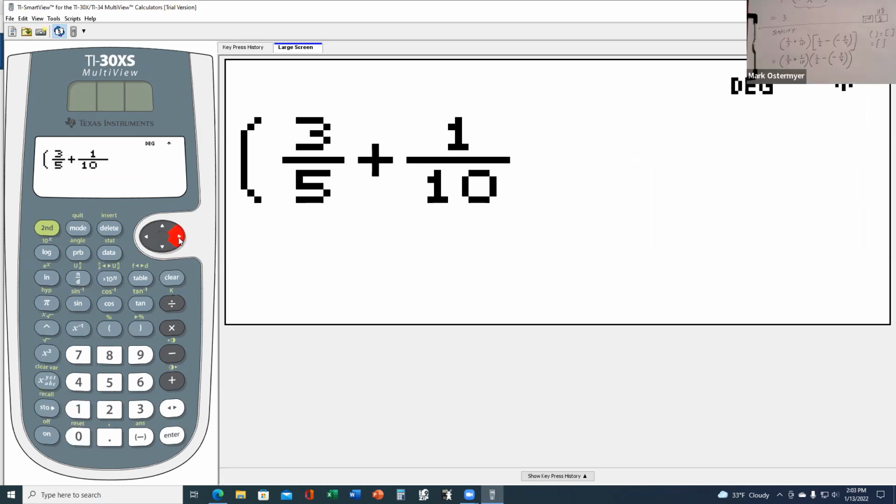Right arrow key to bring your cursor back up to level, closed parenthesis. You can say times, as it's understood as multiplication in between the parentheses, and then another open parenthesis, which was really your open bracket. I'm just using a parenthesis again. And then we type in 1/2.